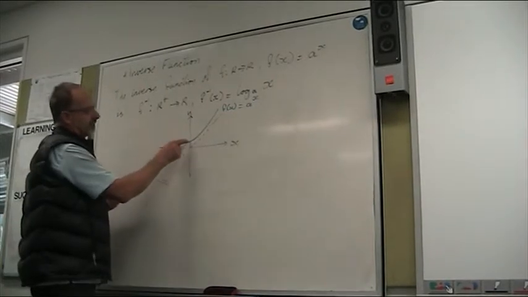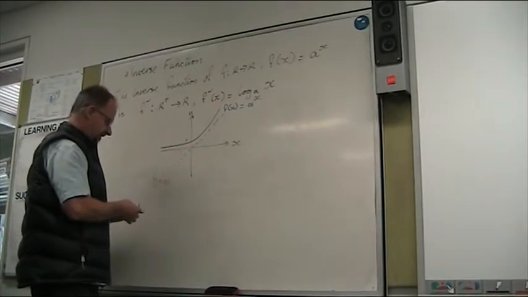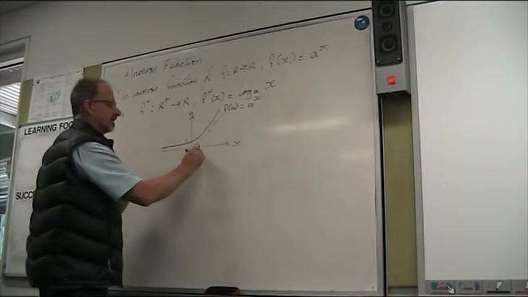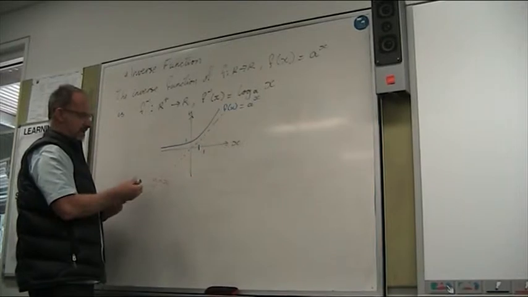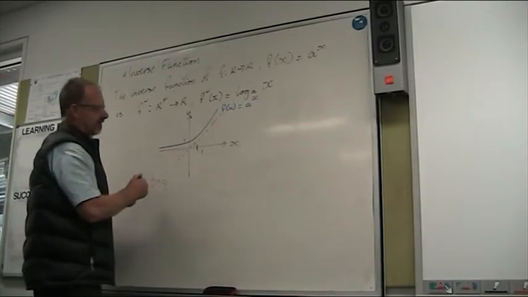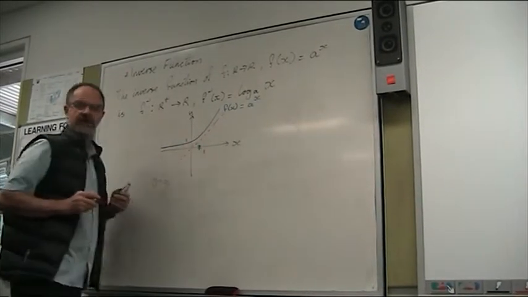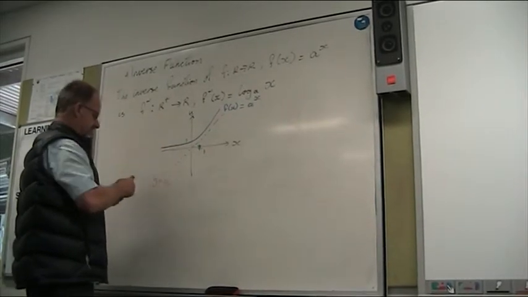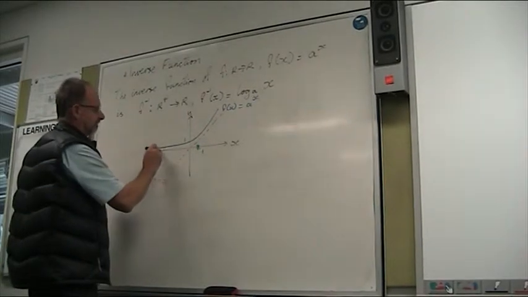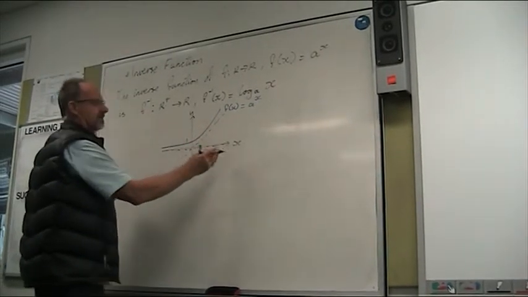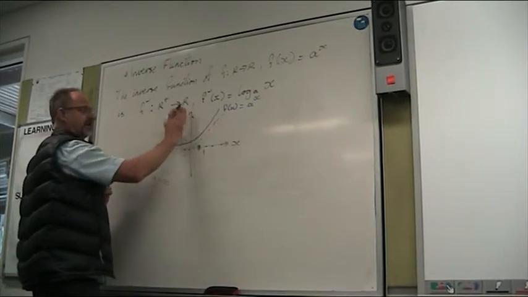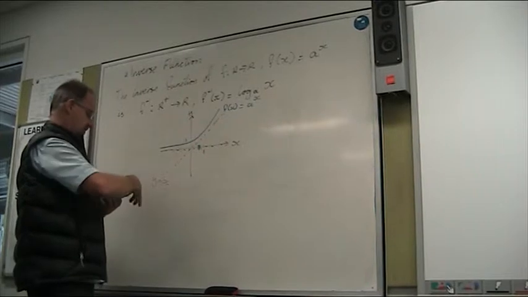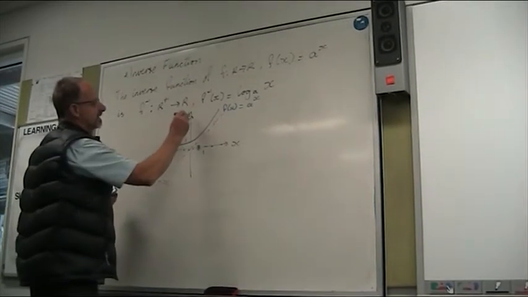So that means that this gets reflected over to there. For our inverse, which is our log, it's going to intercept there on the x-axis, and the asymptote is also going to get reflected across, so the asymptote for log is the y-axis.